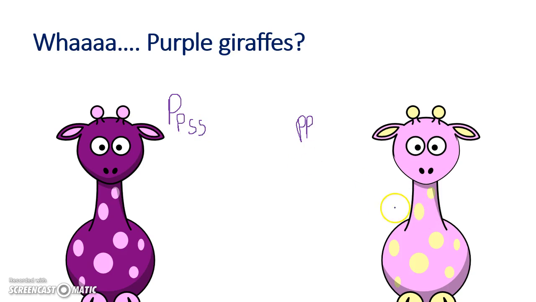And this lady over here who has the yellow, she can have a big S for her spots and a little s for her spots. Okay, so now I'm looking at, instead of just a genotype where I have 2 letters, now I have a genotype where I have 4 letters. So before you put them into a Punnett square, you really have to kind of mix them up, and I will show you how to do that on the next one.